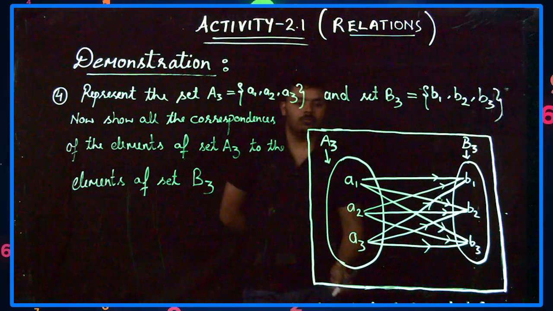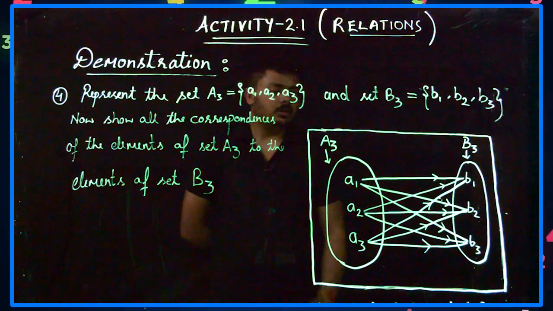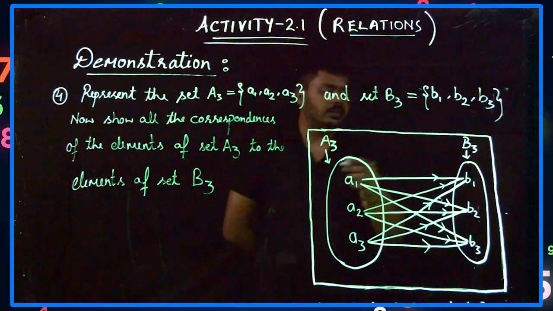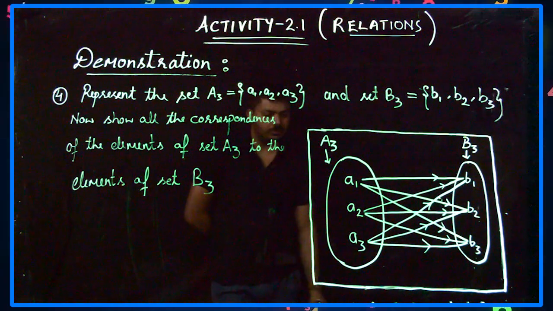So this is how we visually represent the relation or the correspondence between the elements of set A3 to the elements of set B3 visually.